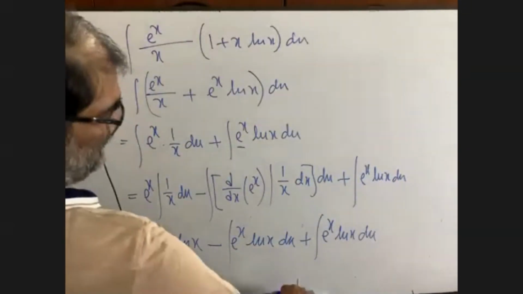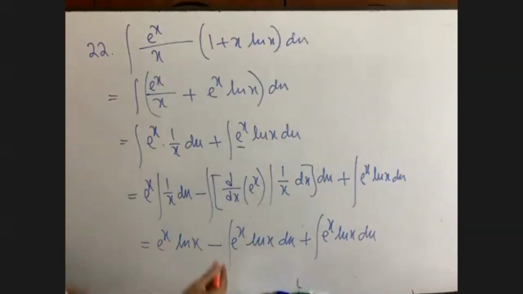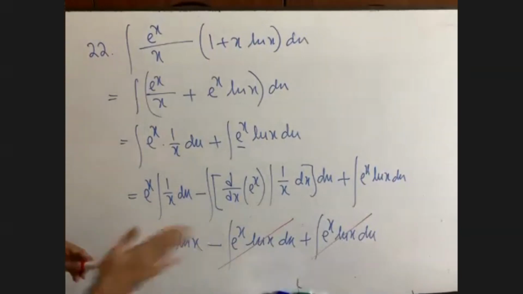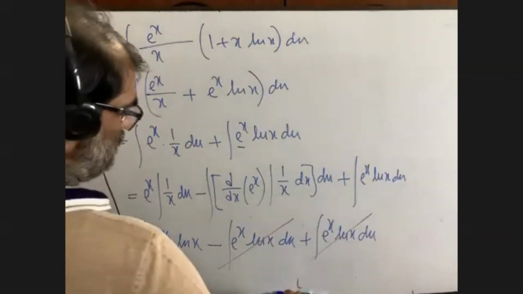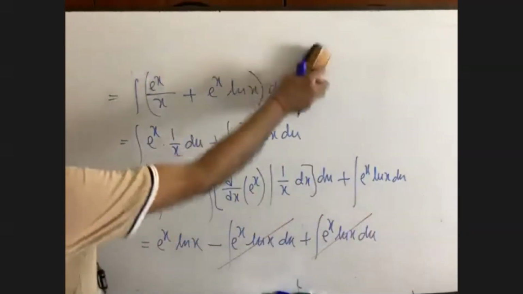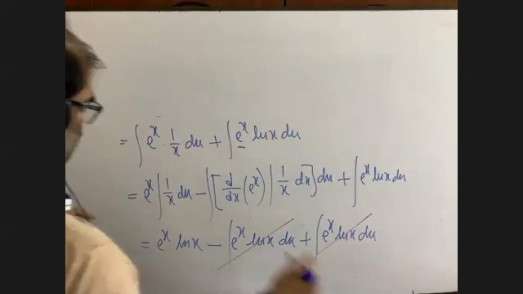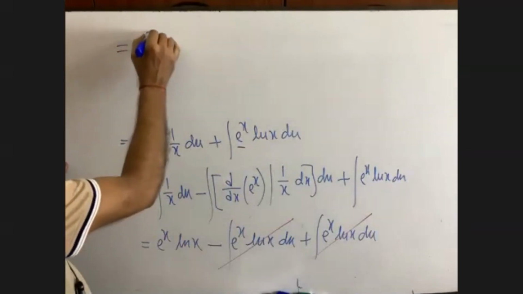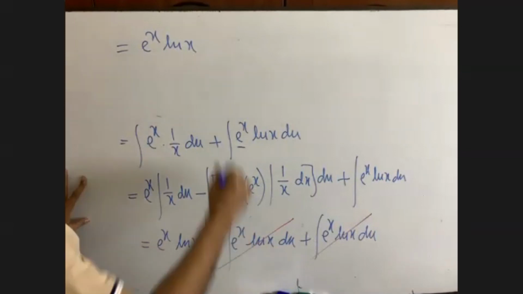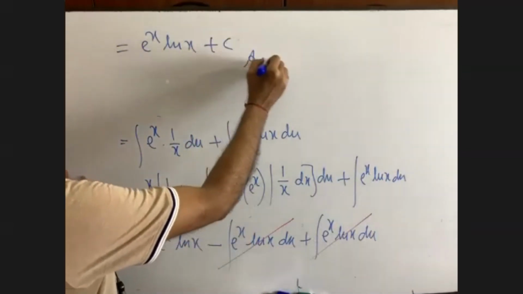I have done this math just to cancel this part, nothing else. So we will not show this cancellation. That means we are left with e to the power x ln x. As there is no integration sign, it will be plus c, and this is the answer.